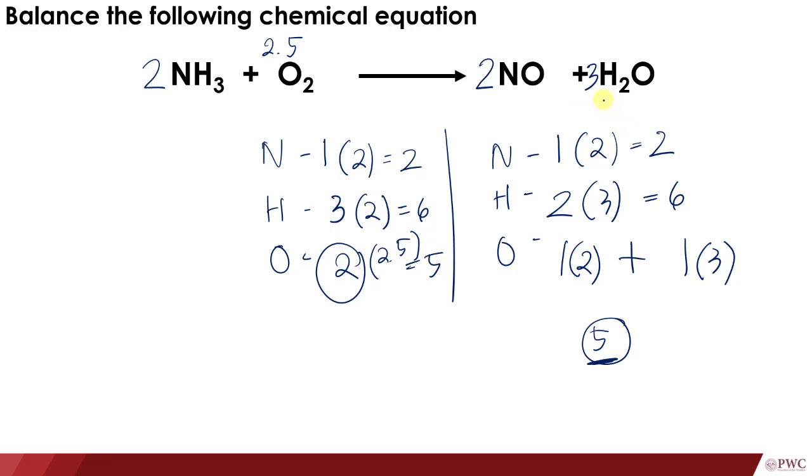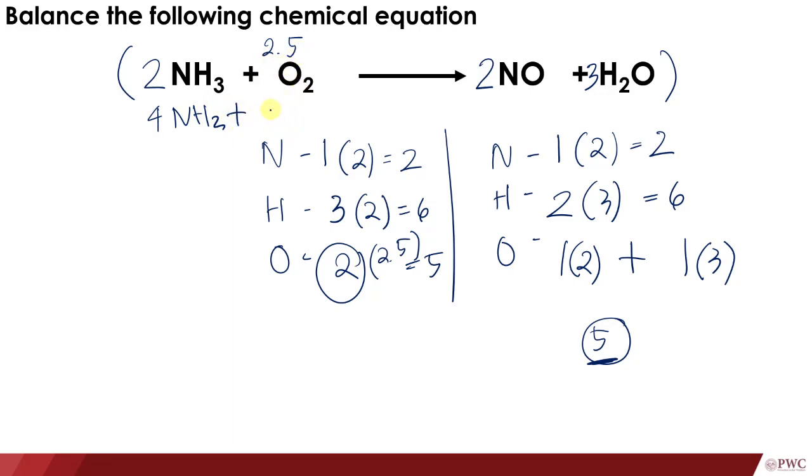But on our equation, we want our coefficients to be in whole number. So we don't want any decimal in our chemical equation. To make this whole number, let's multiply everything here by 2. So we'll double every coefficient on this formula. That will be 4NH3. Then here we'll double this one.